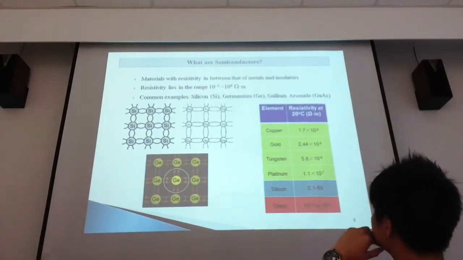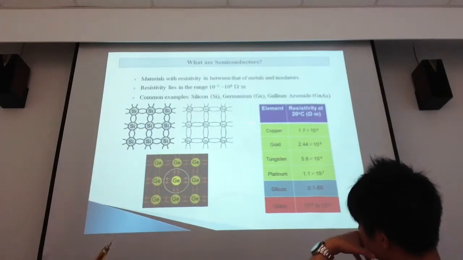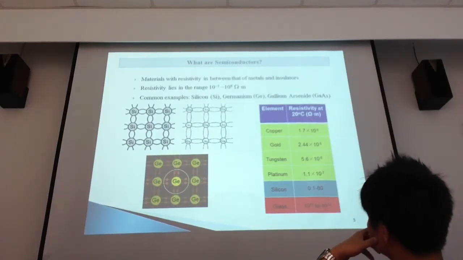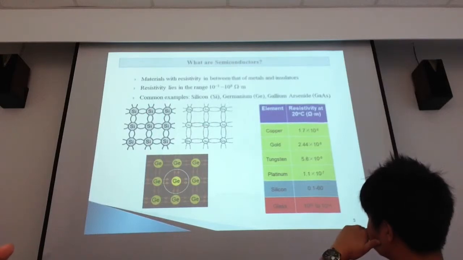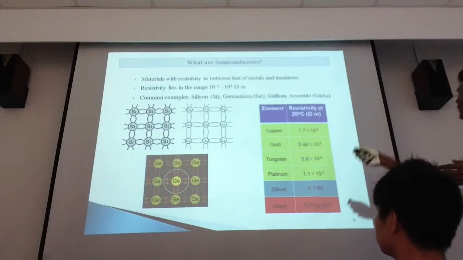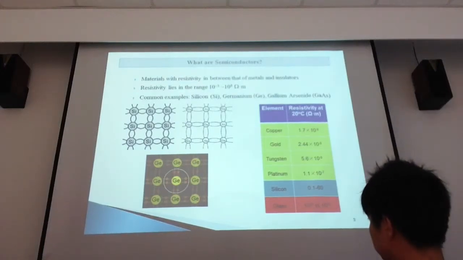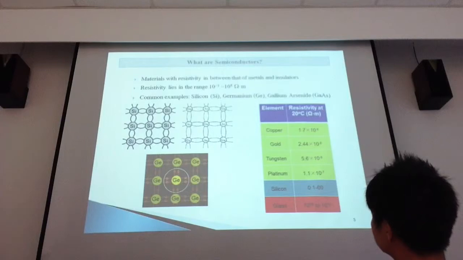Silicon, germanium, gallium arsenide, you must have heard of these names. These are all semiconductors, right? What you see in the diagrammatic representation is called a lattice. It's basically the arrangement of silicon, gallium arsenide, or germanium atoms, right? You must have heard of covalent bonding and all. This is all on that. It's a very nice structuring in a wafer, in a crystal, right?